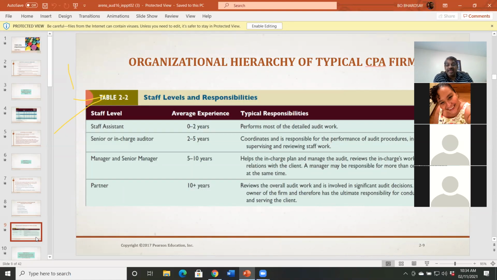Big eight CPA firms were after me to offer me a position. In the early 1990s, one of the big eight firms approached me and they were offering me 200,000 plus. This is back in the 90s, okay, to run their audit department.